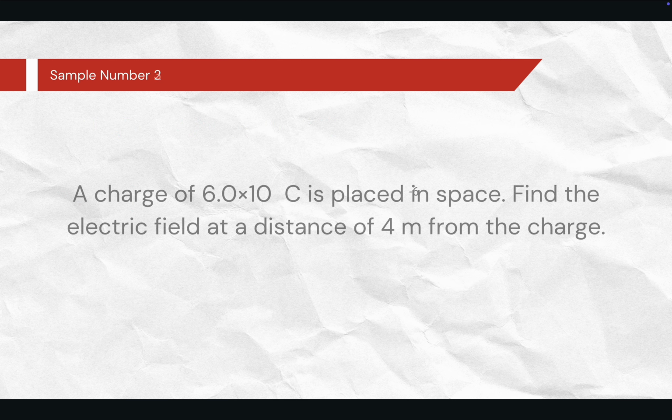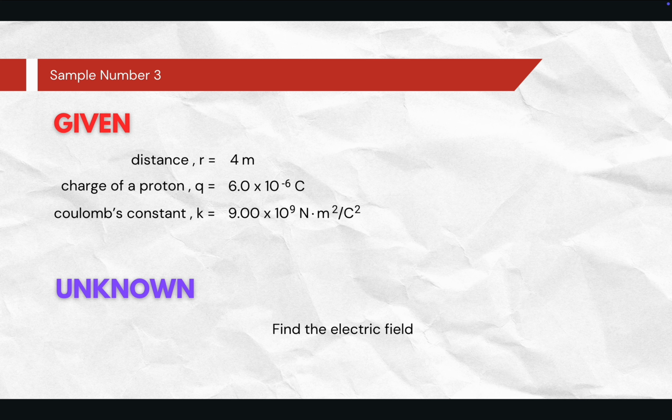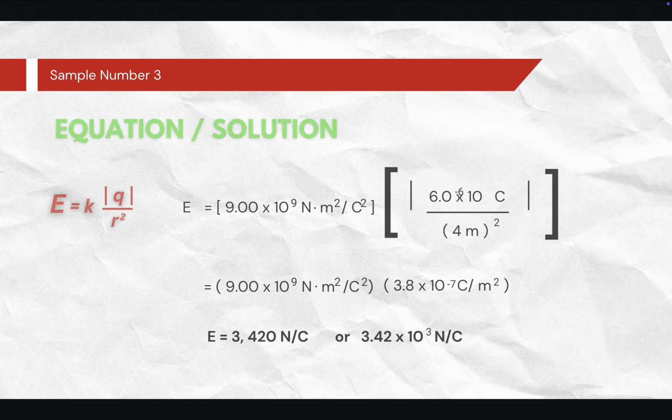So, next sample. A charge of 6.0 times 10 raised to negative 6 coulomb is placed in space. Electric field ulit, distance of 4 meters. Given distance, charge, and Coulomb constant, unknown is to find the electric field. Equation, ganoon lang din ang gagamitin natin. Substitute ulit. Nasa loob ng bar ang uunahin.